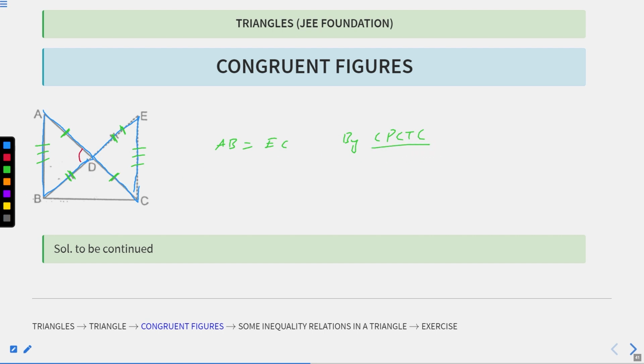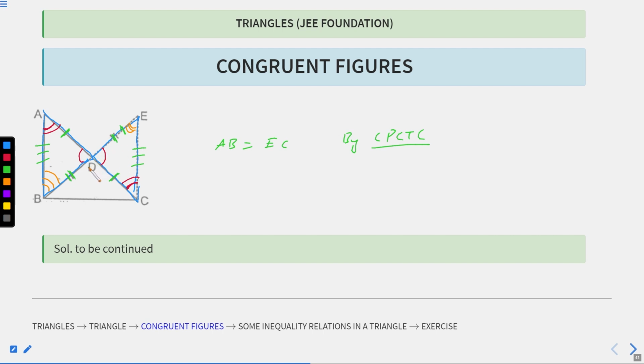And we already know this angle is equal to this one because of vertical opposite angles, and the remaining angle is equal to the remaining angle in the second triangle. I hope this is all clear.